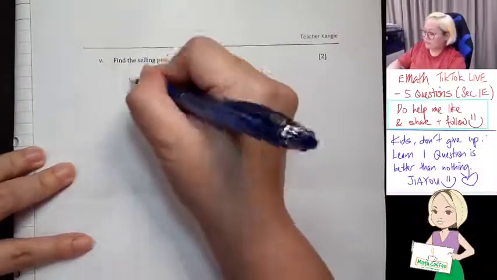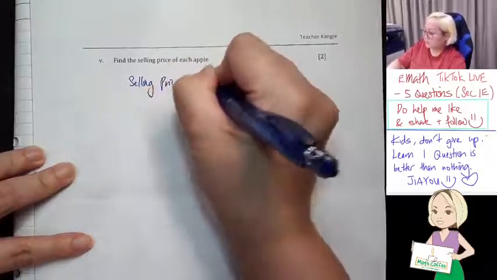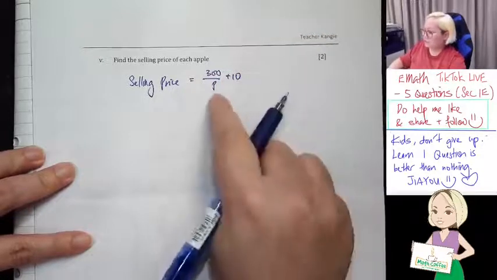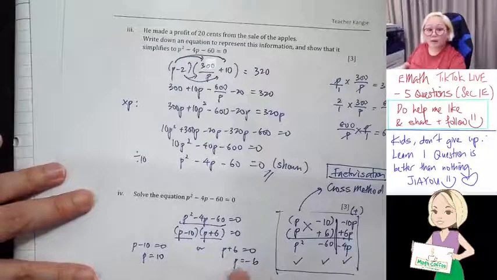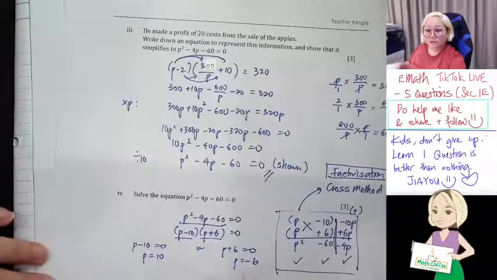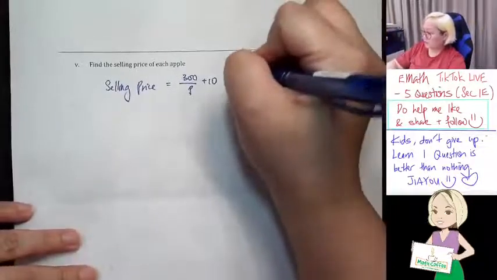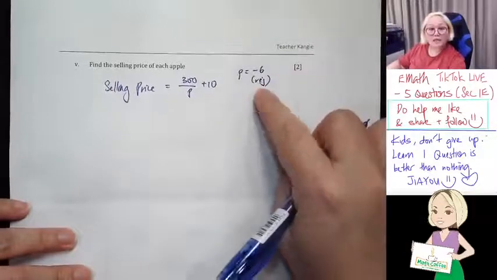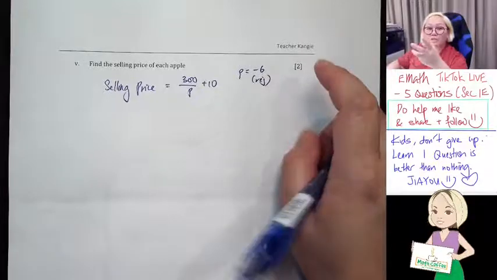So remember just now my selling price was 300 over P plus 10, remember? So now I'm going to use this P. Previously for my P, I will reject my P equals to minus 6. Over here, you will state that P equals to minus 6, you will reject. So you only reject it in this part whereby you start to use your P.